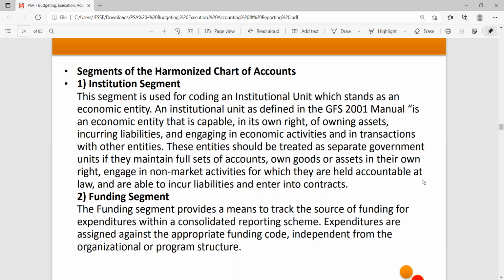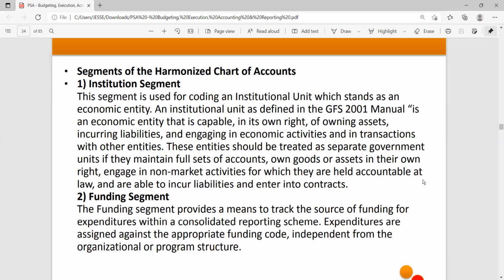So what does this mean? It basically means that expenditures are assigned against the appropriate funding code, which is independent from the organizational or program structure. So the coding is done at the level of the funding source.